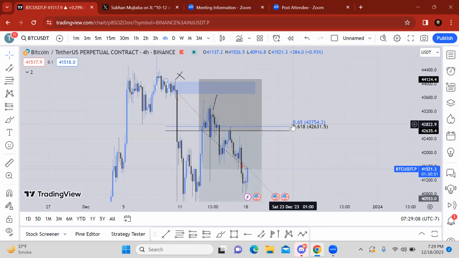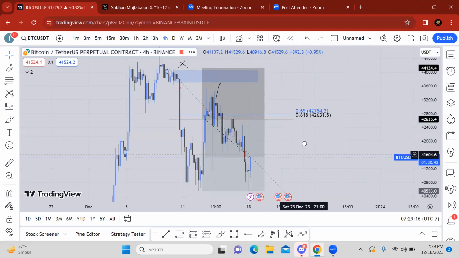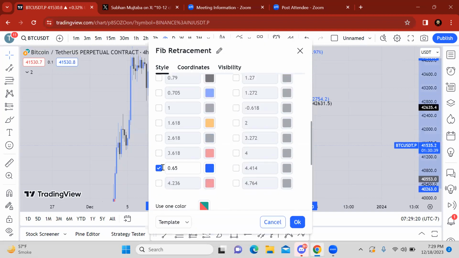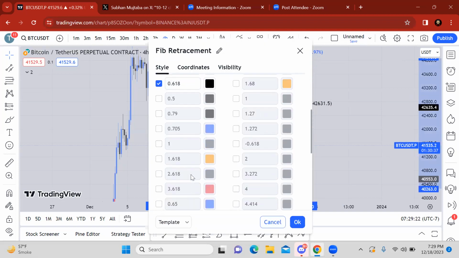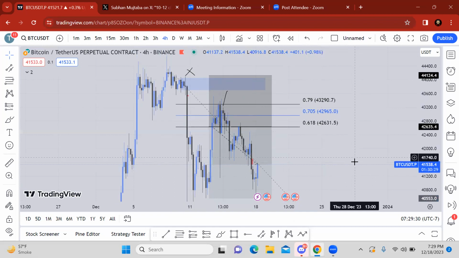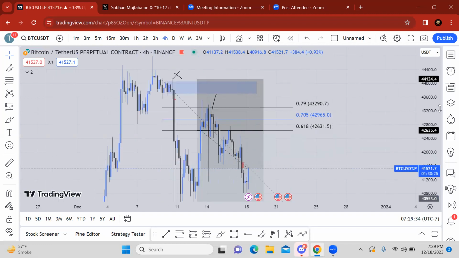This golden pocket works very well on 1 minute, 3 minute, 5 minute, 15 minute trades. On higher time frames you don't have to use this. That's the reason I don't use it nowadays. First I was using this level, but now this one is better, it gives me two levels of invalidation and a good confluence.